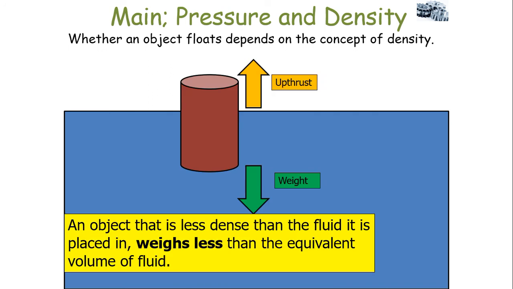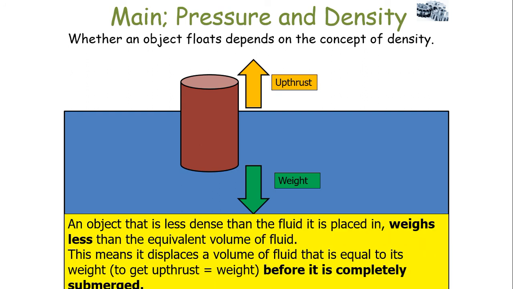So whether an object floats, again, depends on this concept of density and upthrust, because an object that's less dense than the fluid it's placed in weighs less than the equivalent volume of its fluid, so therefore it displaces a volume that's actually equal to its weight before it's completely submerged, so it's going to float.